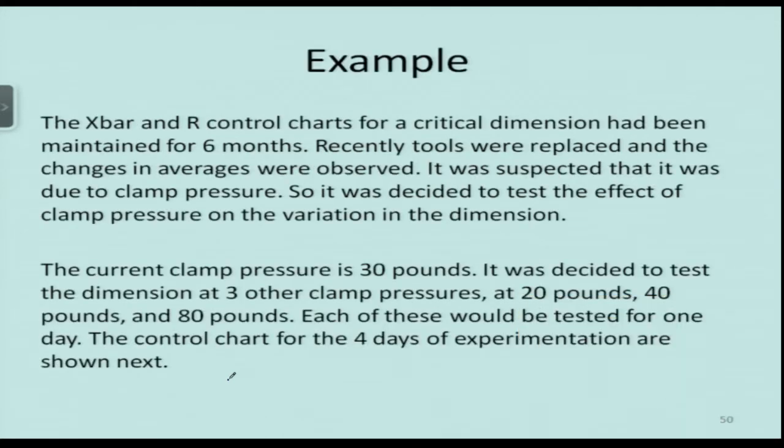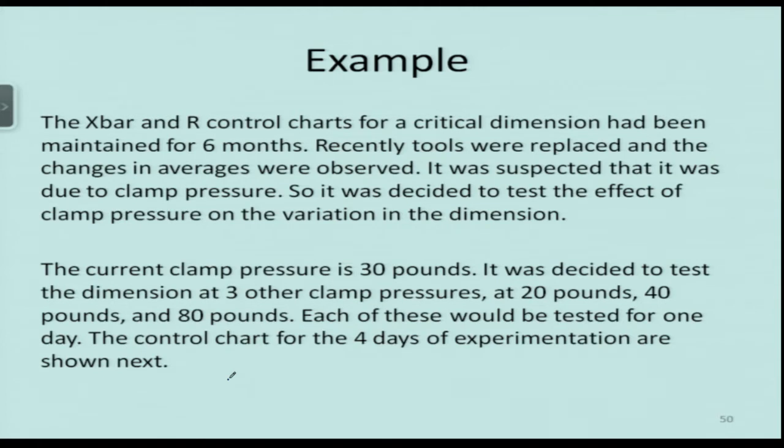So let's say that we have a certain part whose critical dimension we want to control, and we have been maintaining the X bar and the R control charts for this particular critical dimension for 6 months.